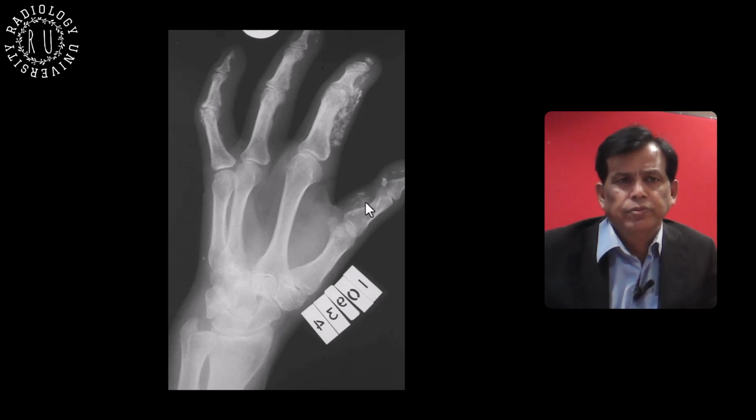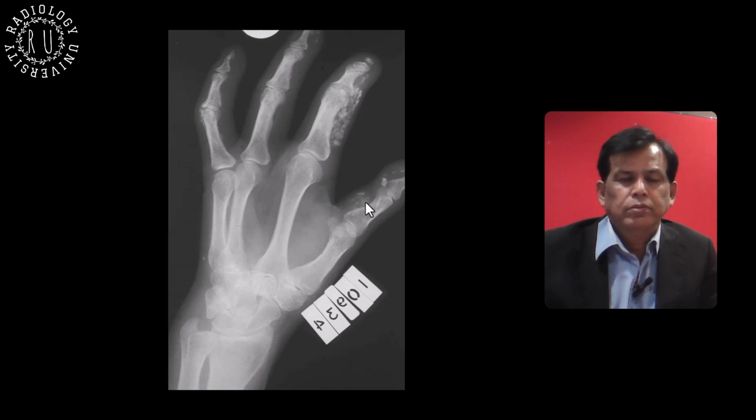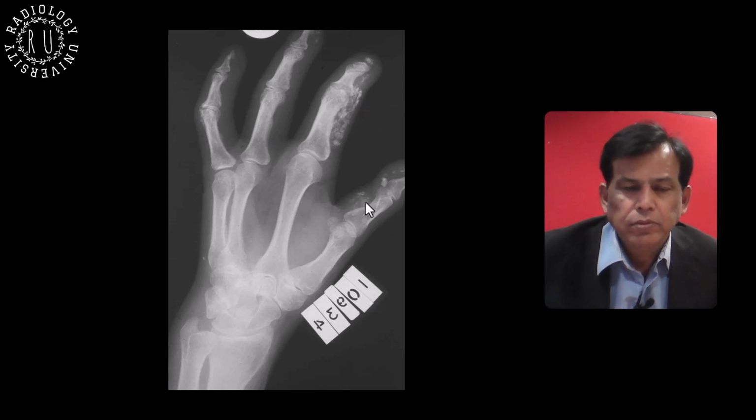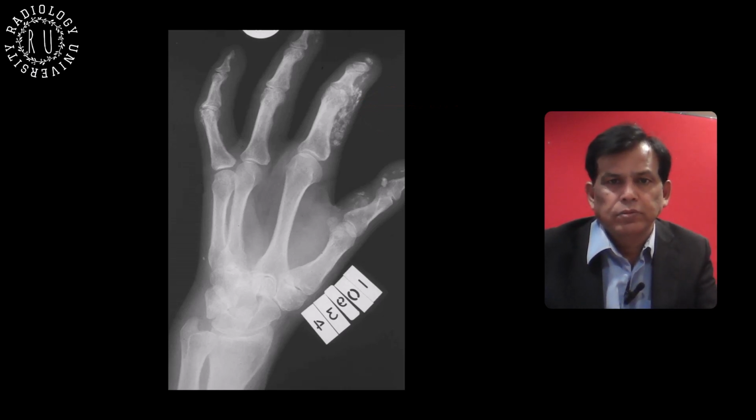I'm given an oblique projection of the hand with wrist, side could not be determined. I can see calcifications in the soft tissue along the radial aspect of the second digit and along the ulnar and interior aspect of the first digit, and some prominence of the thenar eminence.